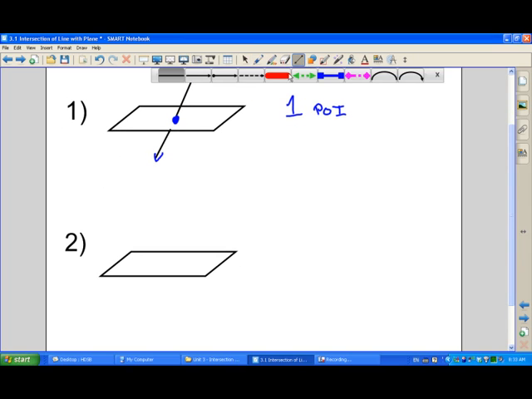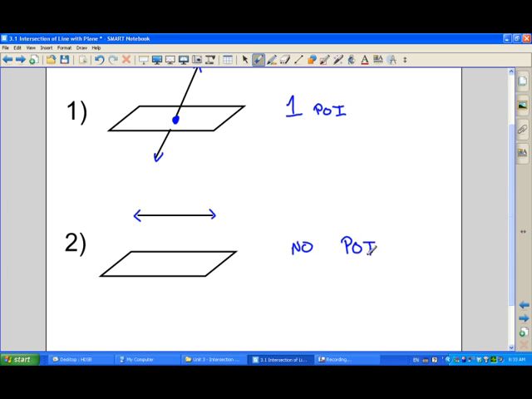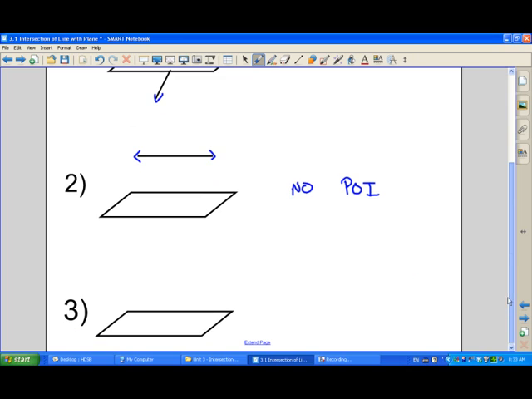We could have a line that's parallel to the plane. This will never cross the plane, so we have no points of intersection. Or we could have a line that's sitting on the plane. And if it's sitting on the plane, we have an infinite number of intersections.